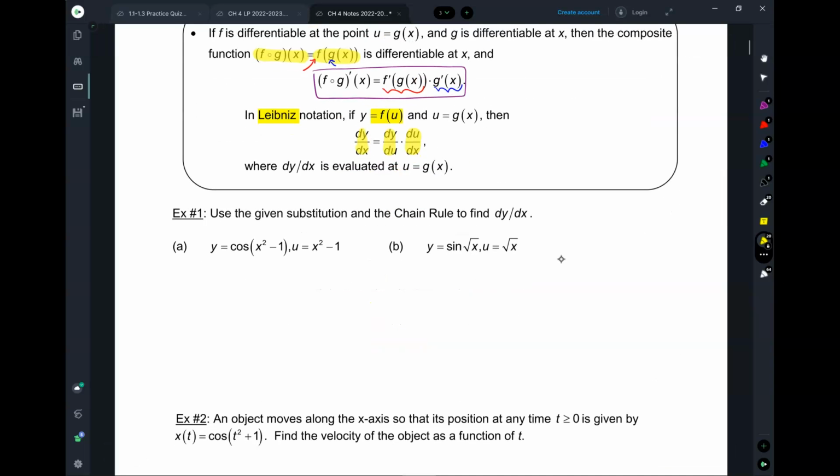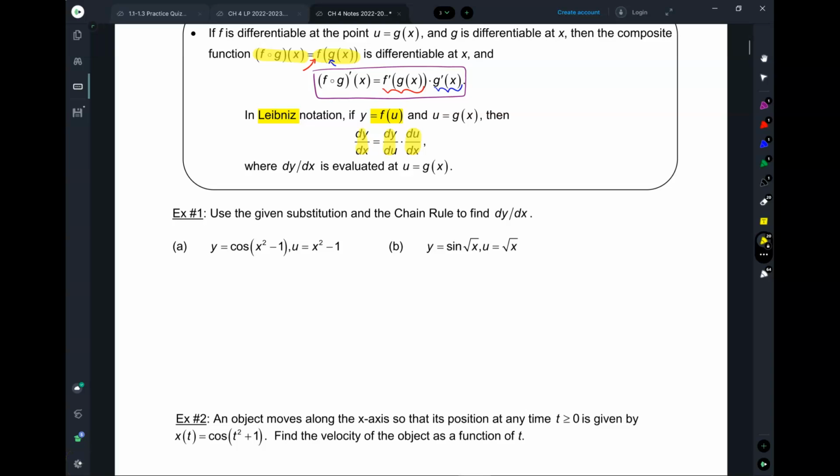Enough of that. Let's actually get in there and do one. Here it says use the given substitution and the chain rule to find dy dx. Let's go ahead and start. The function here is y equals cosine of x squared minus 1.